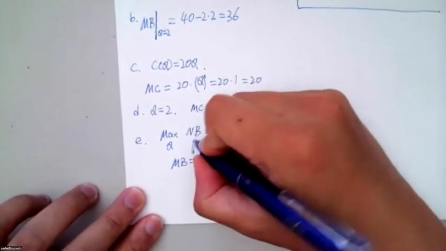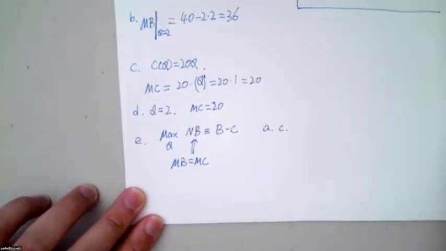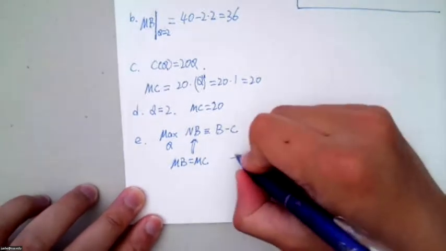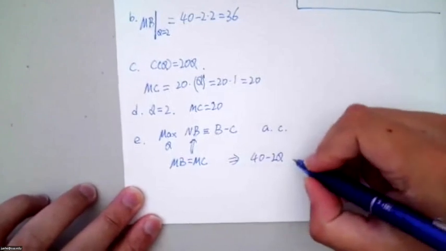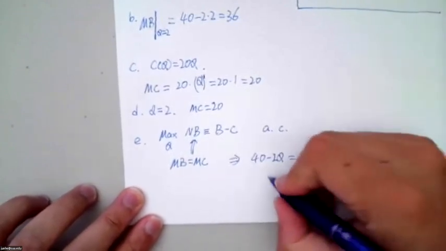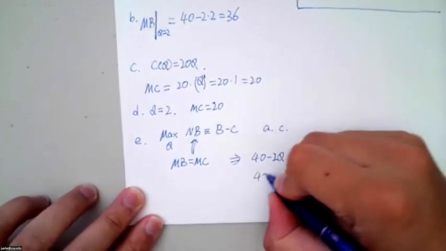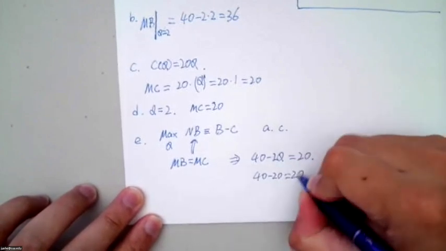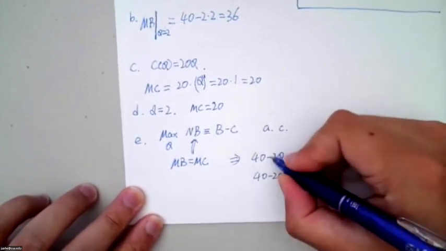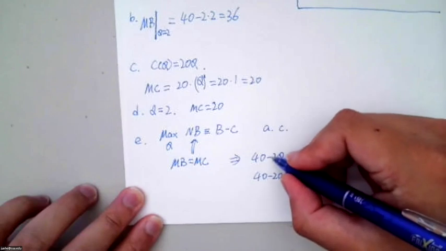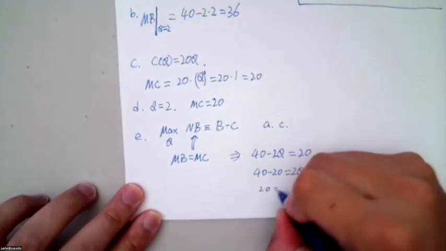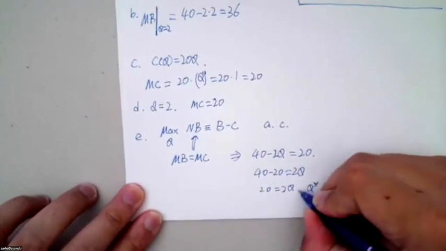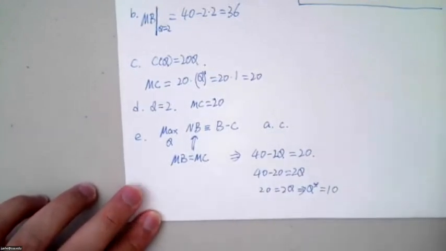That's when your net benefit is maximized. Marginal benefit is 40 minus 2q, and marginal cost is 20. So 40 minus 20 equals 2q. I just move 20 to the left-hand side, change the sign, and minus 2q to the right-hand side, change the sign. So it is 20 equals 2q. So q star is 10.